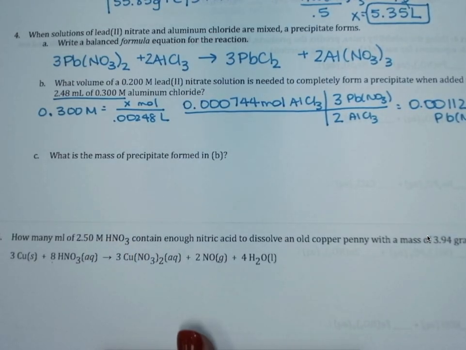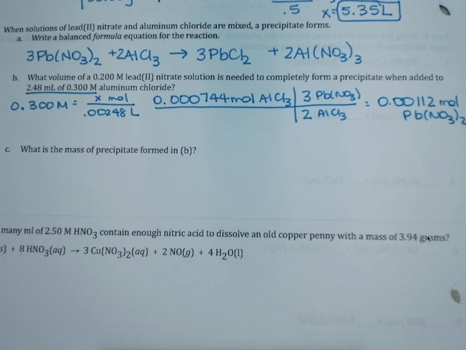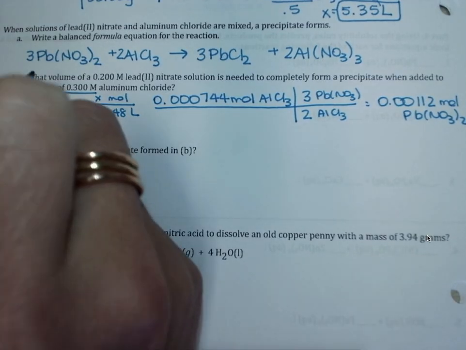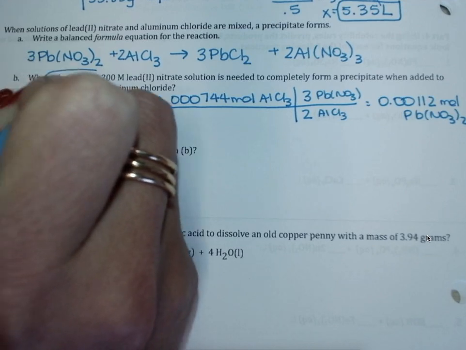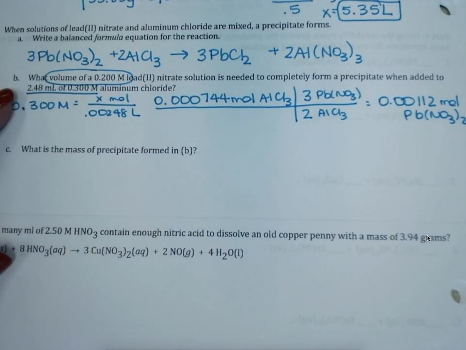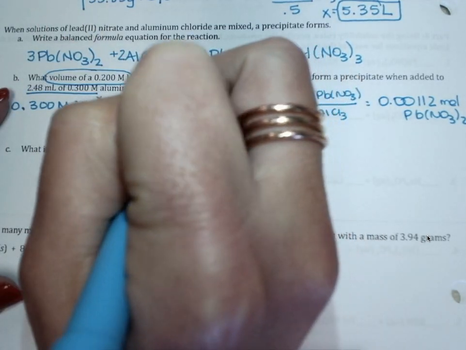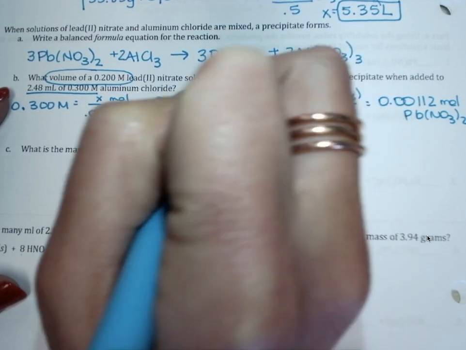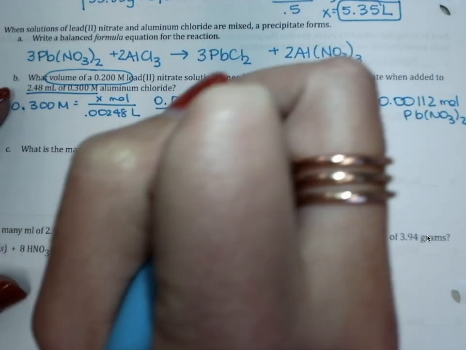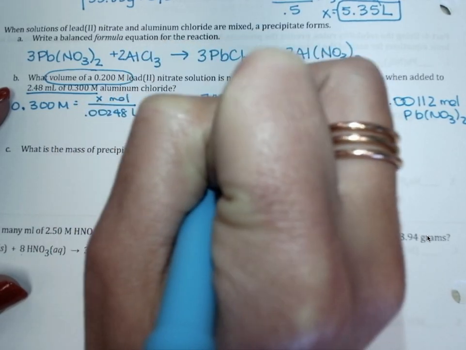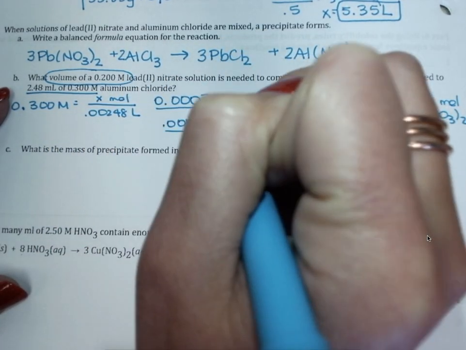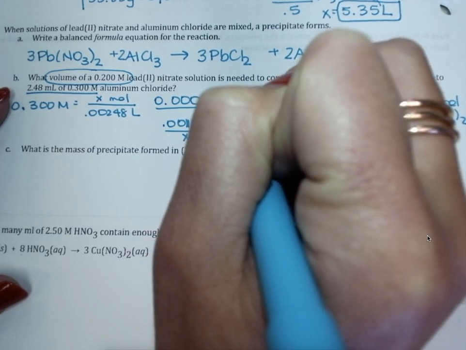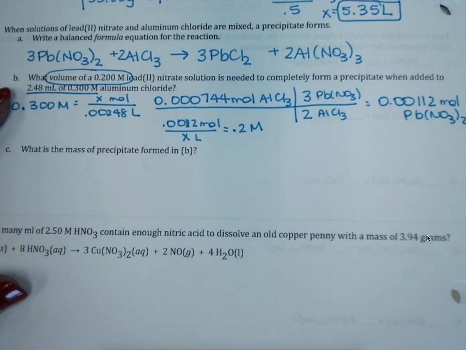So I do my stoichiometry to get my moles of lead 2 nitrate. But the question wanted volume knowing the molarity. So that's going back to what we did before. If I know my moles, 0.0112 moles over some unknown volume is in a 0.2 molar solution, what is that volume?